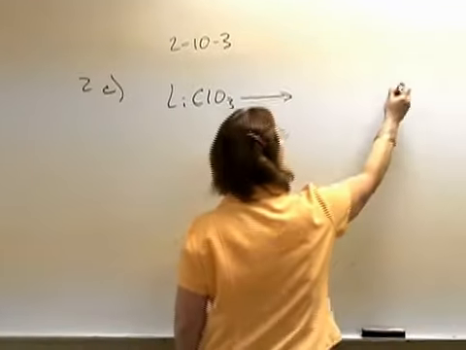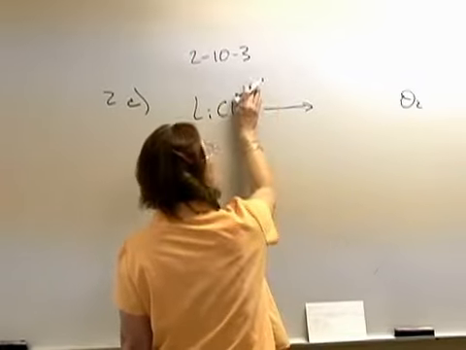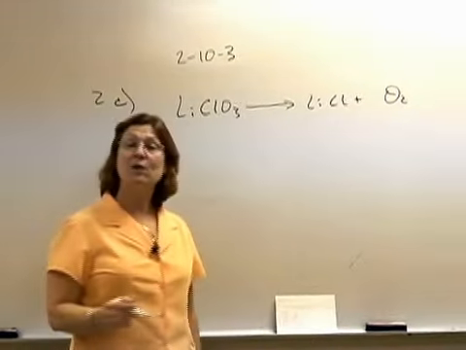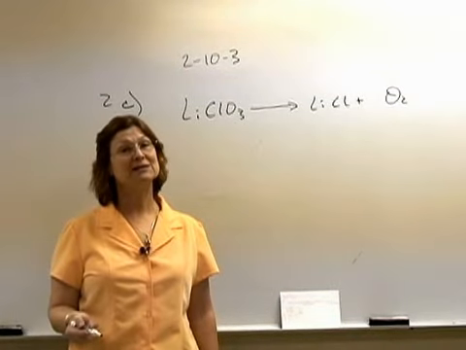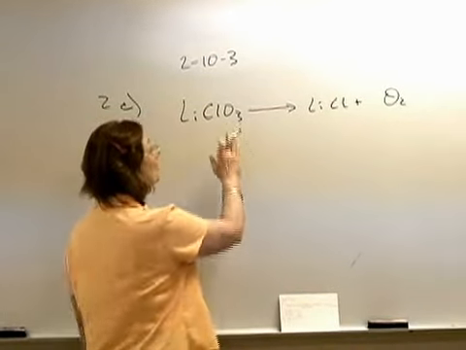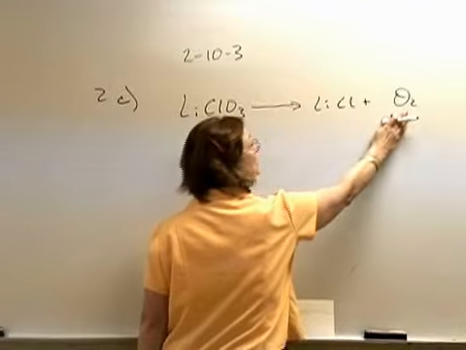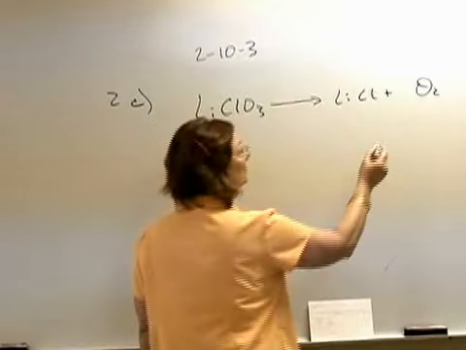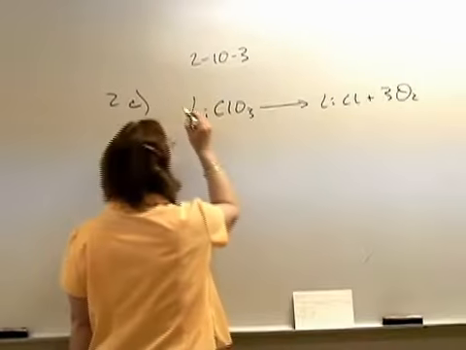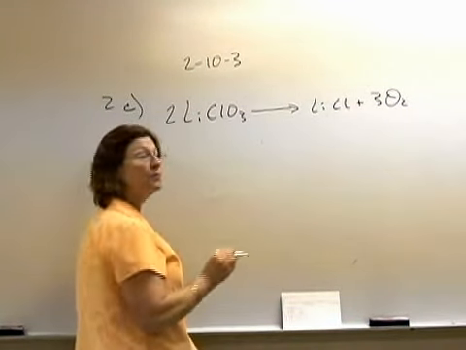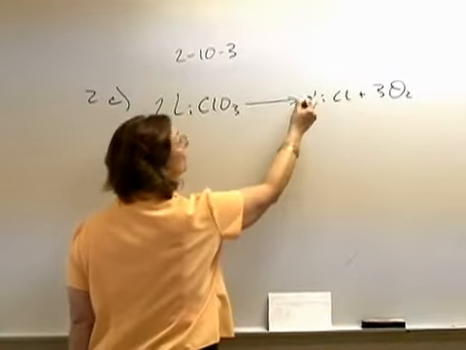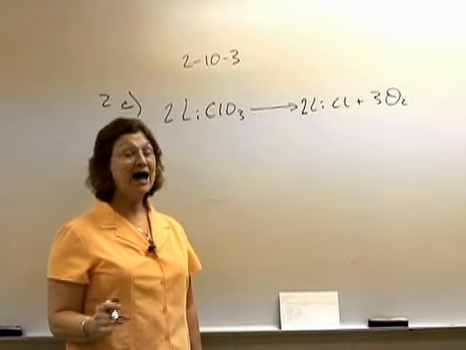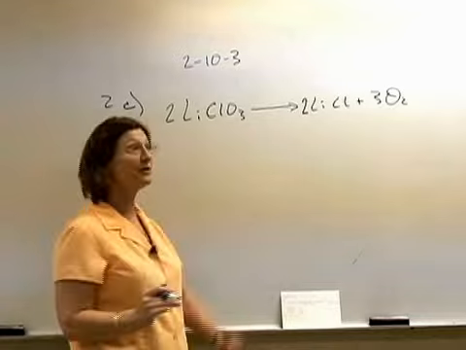So I get my oxygen, and when I take the oxygen away, I'm left with a metal chloride. Once I get my compounds, I must balance the number of atoms. There are 3 oxygens here and 2 oxygens here, and the common multiple is 6. Therefore, I need 3 oxygens and 2 lithium chlorates, which gives me the 2 lithiums, and therefore I must put a 2 in front of the other lithium.